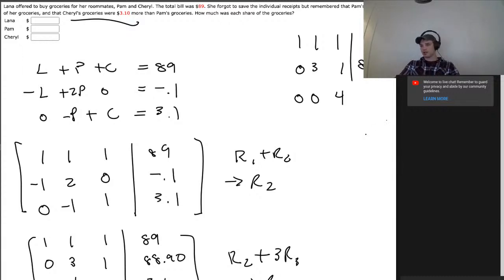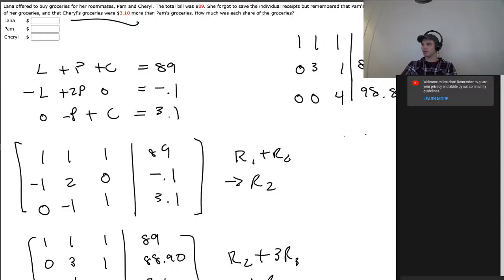So 88.90 plus 9.90 is what we're looking for here. That's 98.8. That's why it's really important to write these steps down, because there are so many opportunities to make a mistake here.